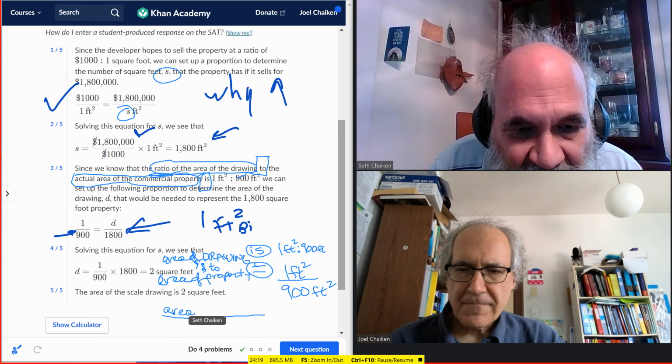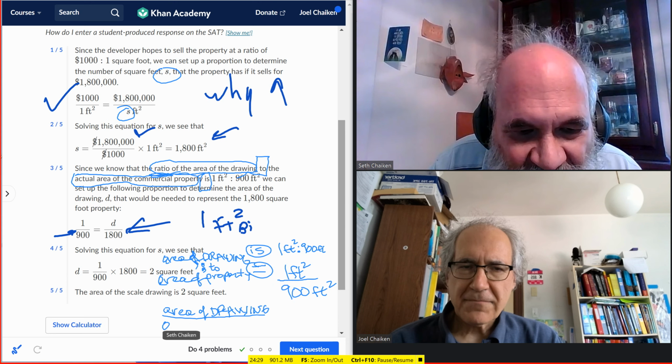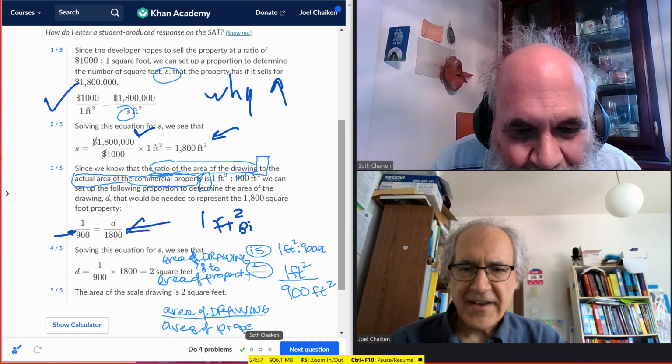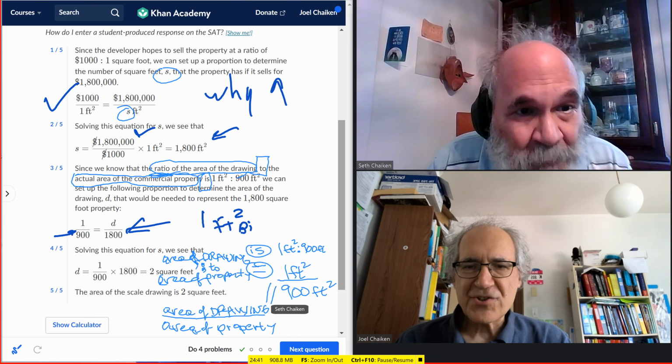area of drawing divided by area of property as a fraction. I don't think that really leads to much confusion, but it is good to justify it.